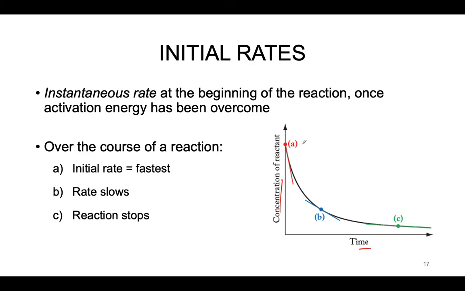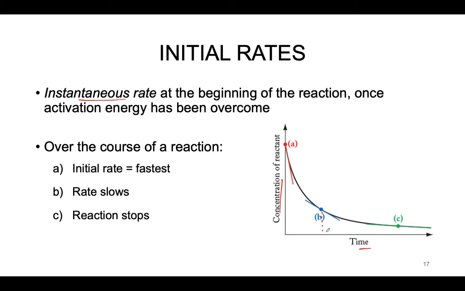And so as we observe the tangents, really what we're doing here is measuring what is known as an instantaneous rate. This is the rate at some specific instant in time as opposed to changes of time. So we're no longer looking at average rates, we're looking at instantaneous rates as time progresses.